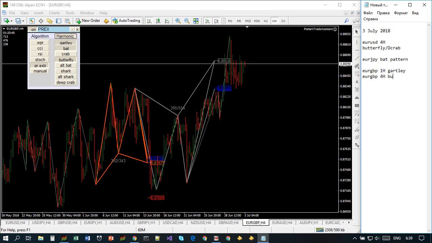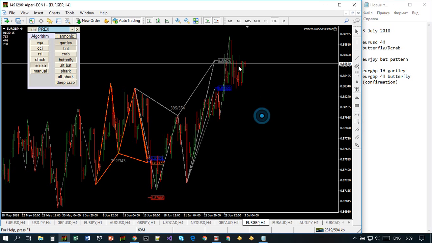For our butterfly confirmation, 2 of 3 algorithms see it as a butterfly, 1 algorithm sees it as a different pattern. It simply depends on the starting point where you start drawing the pattern, and well, need a confirmation on 4 hour. Maybe Euro will drop today.